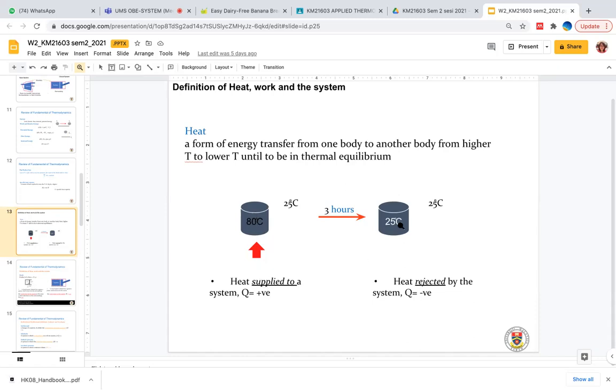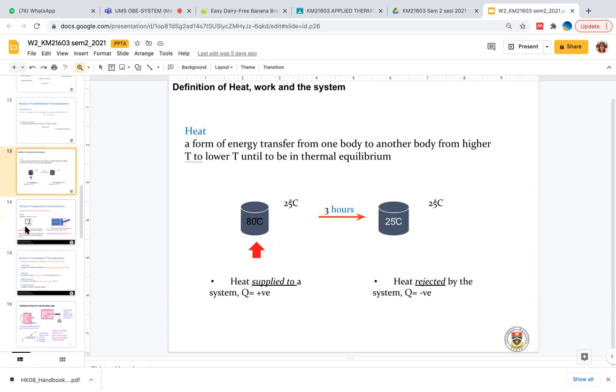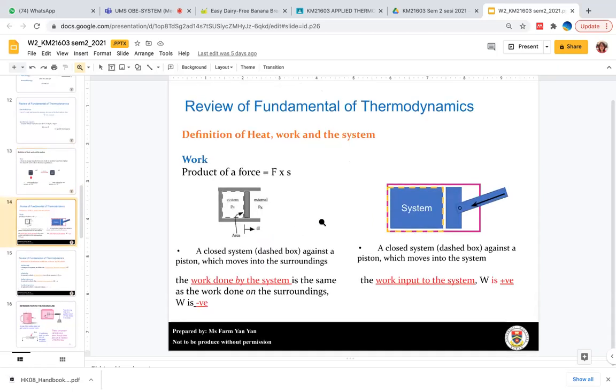After 3 hours, we leave it like that. Your hot Milo turns to room temperature. Where has the heat gone? The heat is rejected by the system. Okay, so the heat is lost from the system. So the Q is negative. The work is a force, you try to push it for a certain distance, and you have the work.